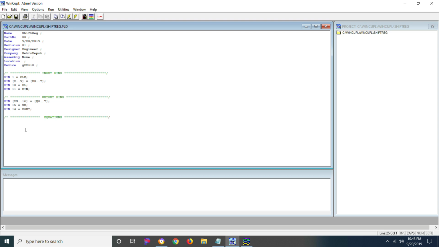So let's just start off with Q0, okay? And remember, we're using the .d prefix since it is registered logic. So when should Q0 go high? We already know that our clock is going to be the edge trigger for the flip-flop. So when would Q0 be high?